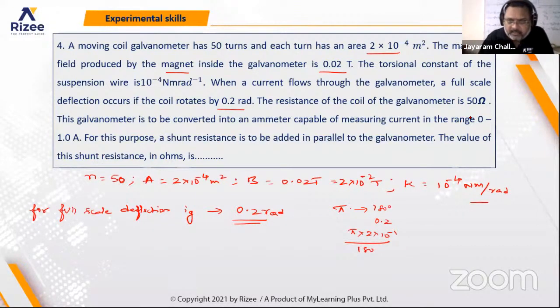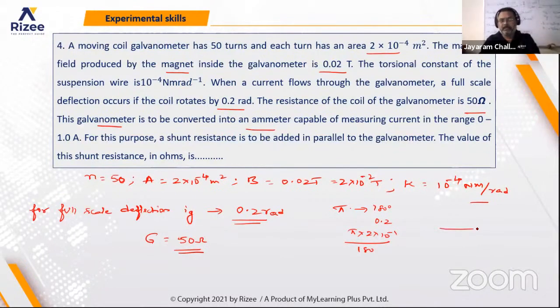So keep it aside. Now the resistance of the galvanometer, I'm taking it as G, which is 50 ohm. There is a lot of information to be furnished. This galvanometer is to be converted into an ammeter. So he wants to convert this galvanometer into an ammeter. How do you convert a galvanometer into an ammeter? By connecting a shunt.